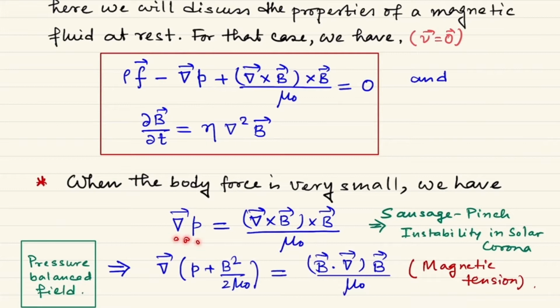That is, the gradient of P is equal to curl of B cross B by mu 0.